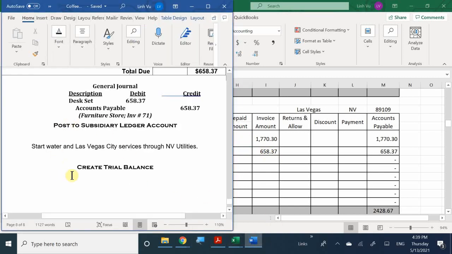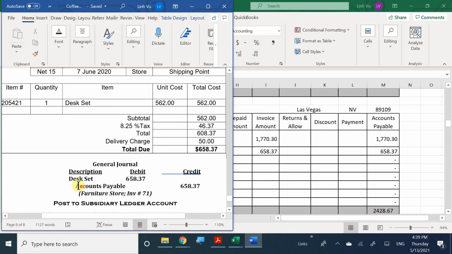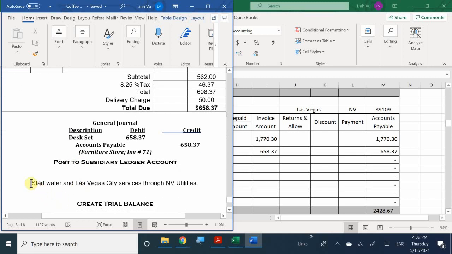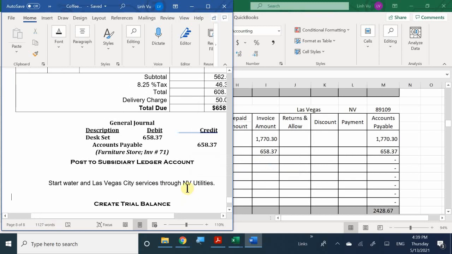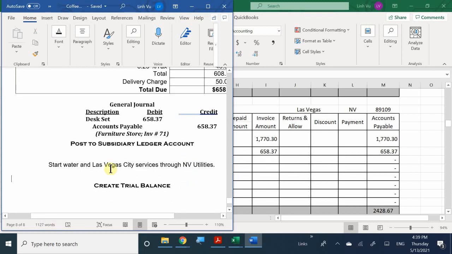All right. So let's see. We have Start Water and Las Vegas City Services through NV Utilities. Okay. Do we need to do anything with this transaction? No, right?